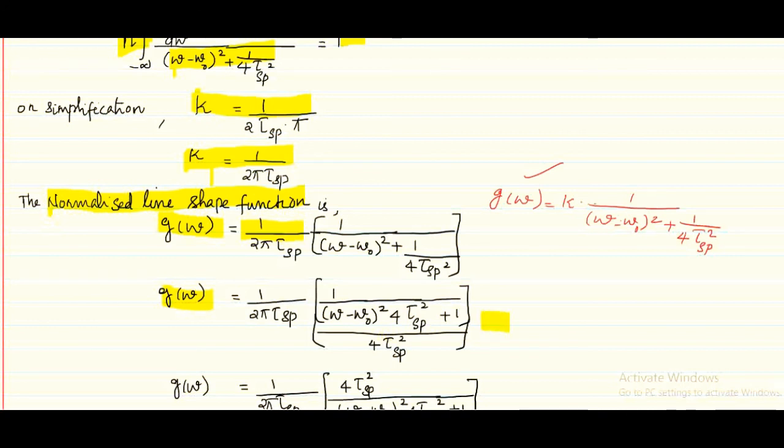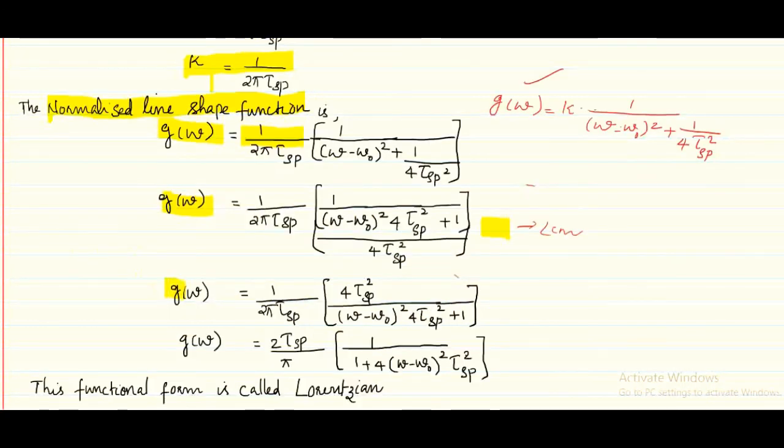By taking the LCM, g omega equals 1 by 2 pi tau sp into 4 tau sp square by omega minus omega 0 whole square 4 tau sp square plus 1. That is g omega equals 2 tau sp by pi into 1 by 1 plus 4 omega minus omega 0 whole square tau sp square.